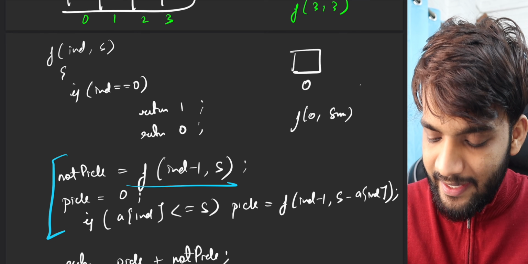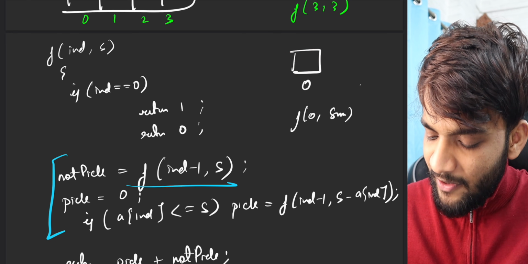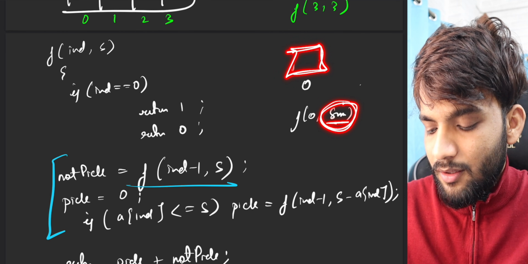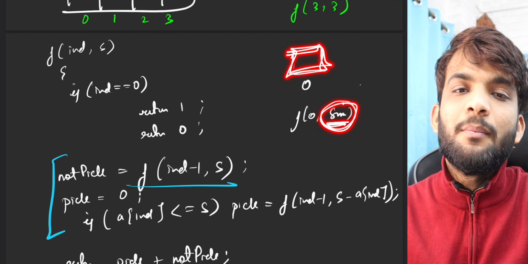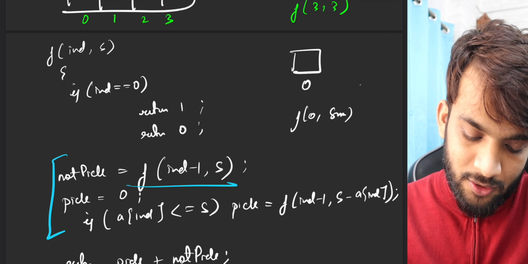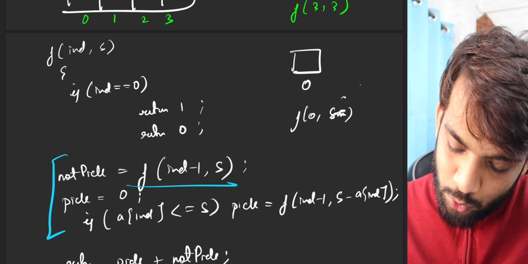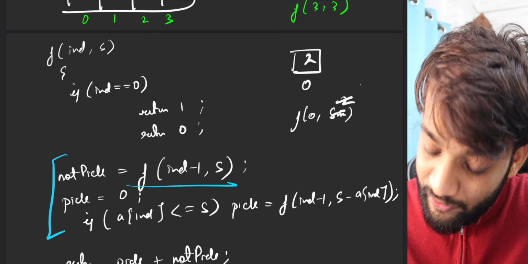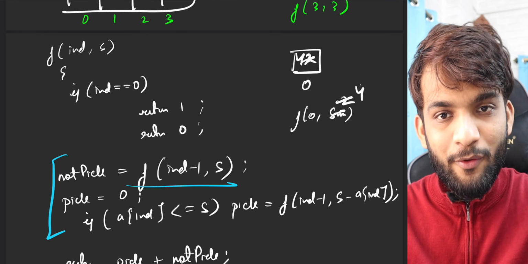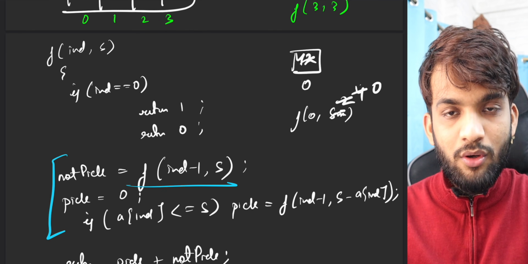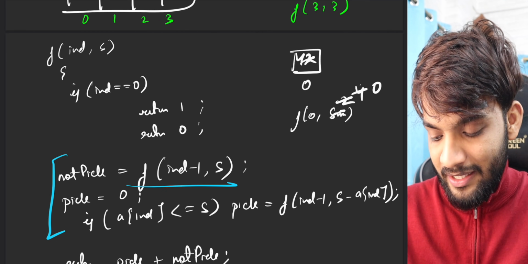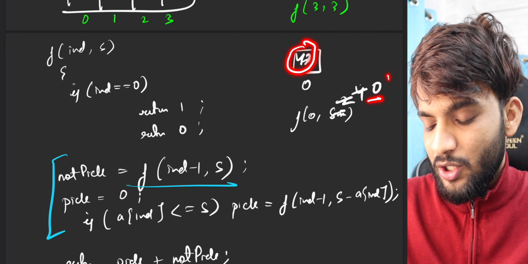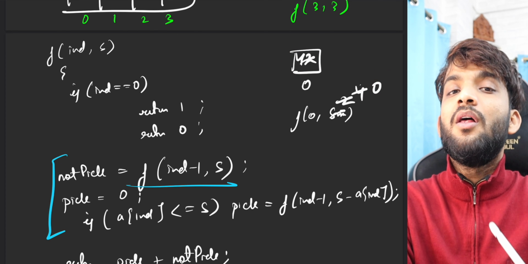If I'm having a sum, when can this guy give me this sum? If this sum value is 2, this also has to be 2. If this sum value is 4, this also has to be 4. If this sum value is 0, then also it's possible. Even if it's 4, and the sum value is 0, it's still possible. Why?